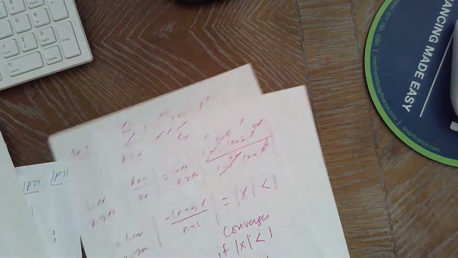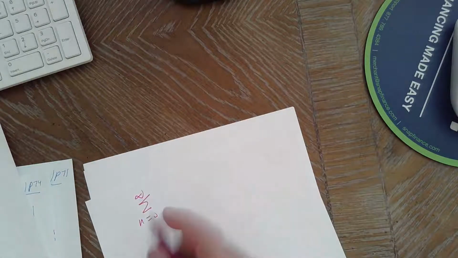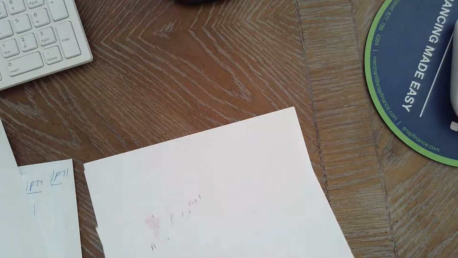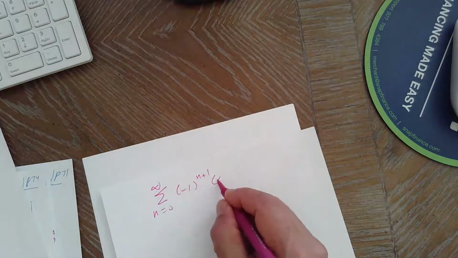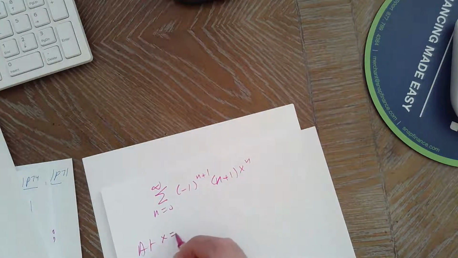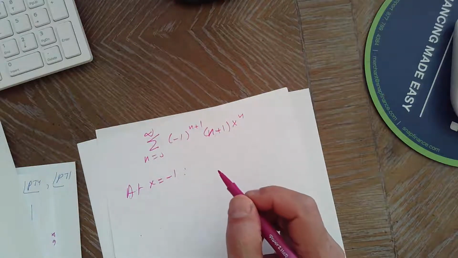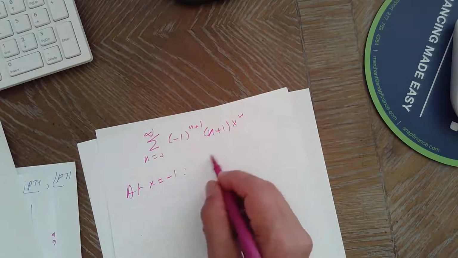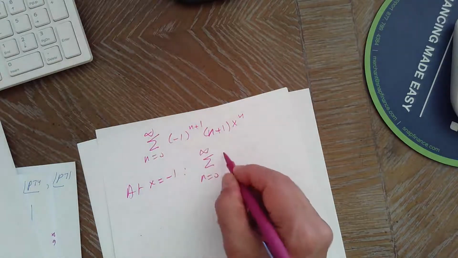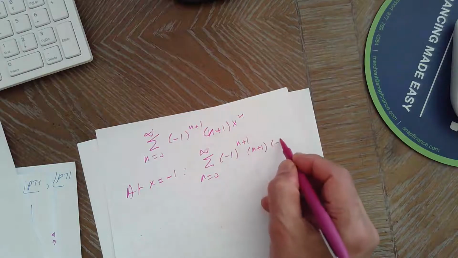So this is the series sigma n equals 0 to infinity, negative 1 to the n plus 1, n plus 1, x to the n. So at x equals negative 1, we're going to get sigma n equals 0 to infinity, negative 1 to the n plus 1, n plus 1, times negative 1 to the n.